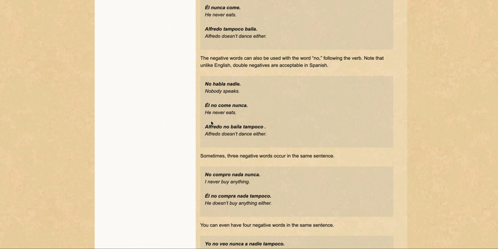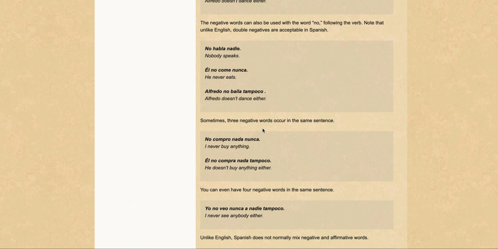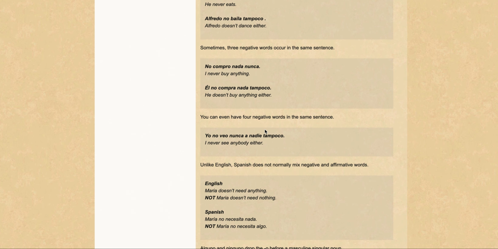It's just like saying Alfredo dash baila, but not tampoco. If we just add no to it, we're not going to get either. So wherever you're talking about either, we're having tampoco.